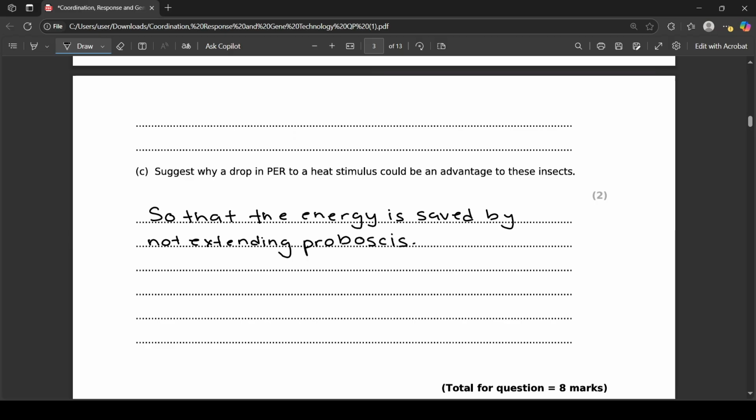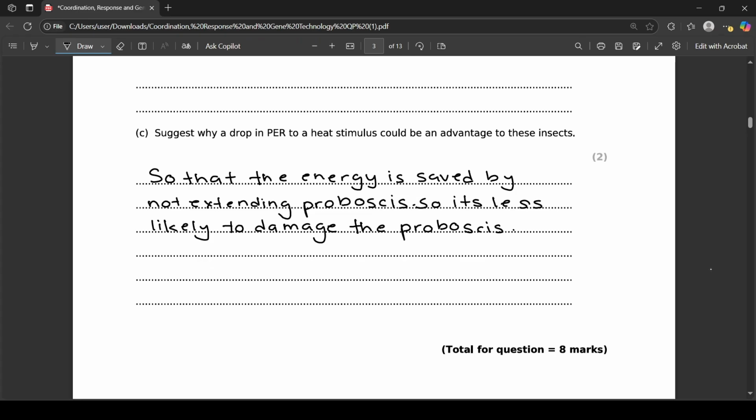Okay, and since it's for 2 marks, we have to give another reason. So it's less likely to damage the proboscis. Alright, so this is our answer.